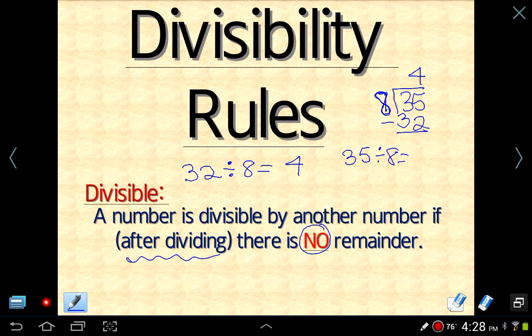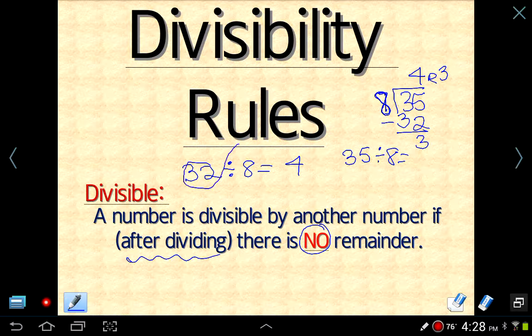Subtract. 35 minus 32 is 3. So remainder 3.